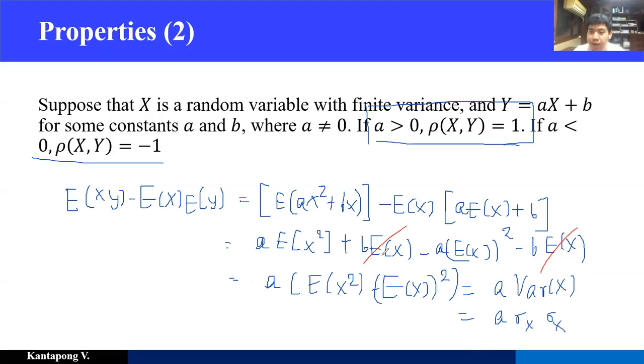So we have sigma x here, but here it is sigma y. So the correlation is a sigma x squared over sigma y sigma x, which is equal to 1. So if it is a perfect linear relationship, that is the case when the correlation is equal to 1.